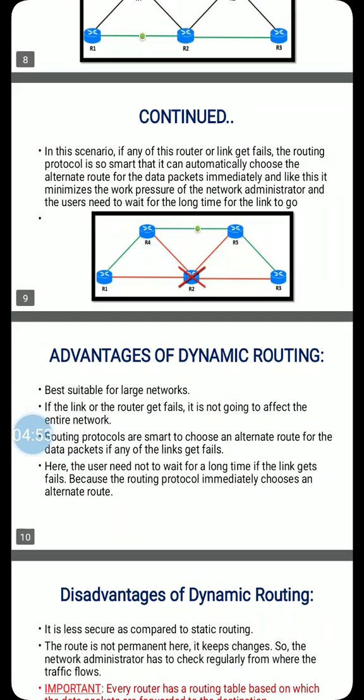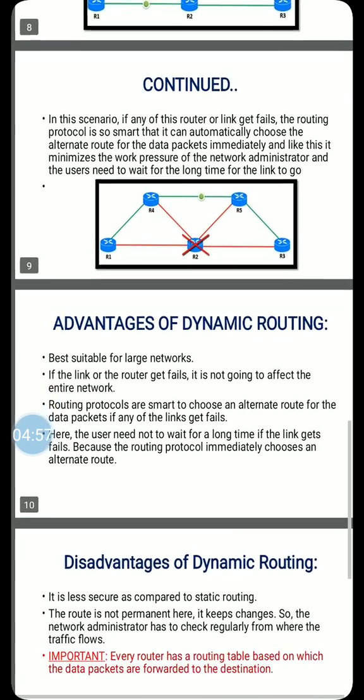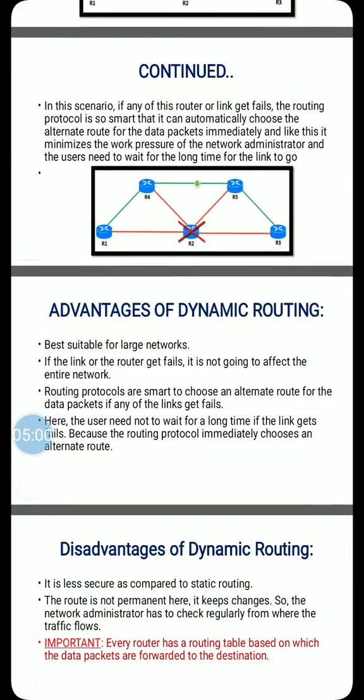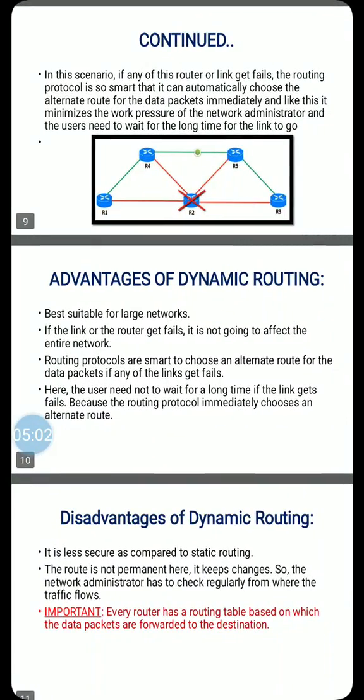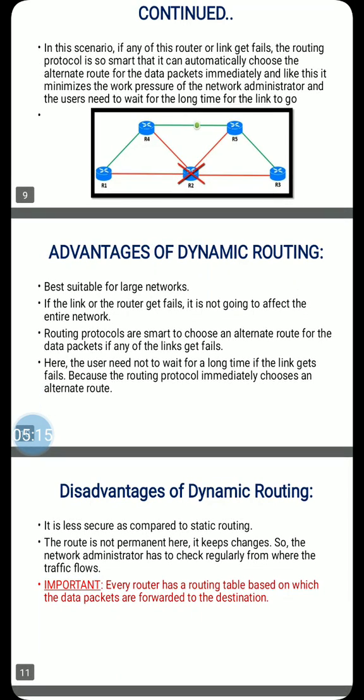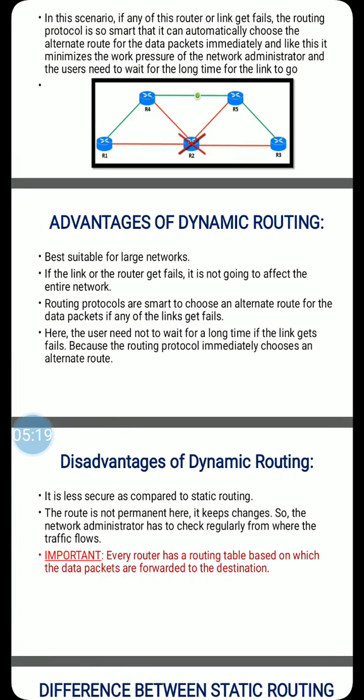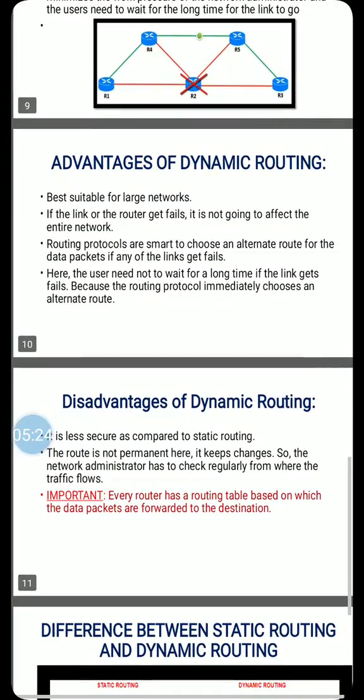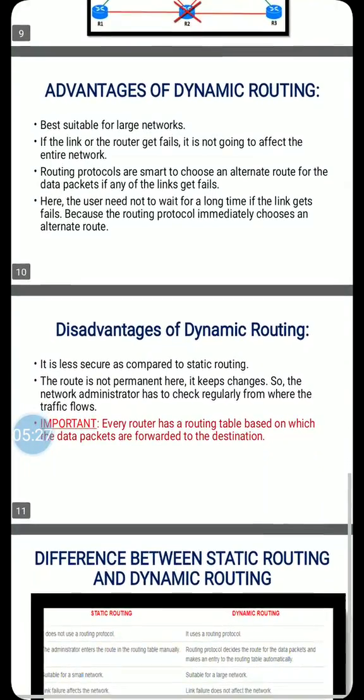Advantages of dynamic routing: best suitable for large networks. If the link or the router fails, it will not affect the entire network. Routing protocols are smart enough to choose an alternate route for the data packets if any link fails. The user need not wait for a long time if the link fails because the routing protocol immediately chooses an alternate route.